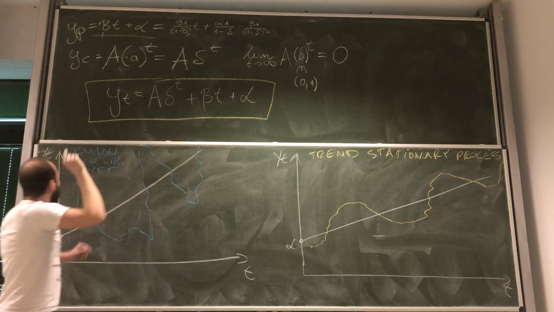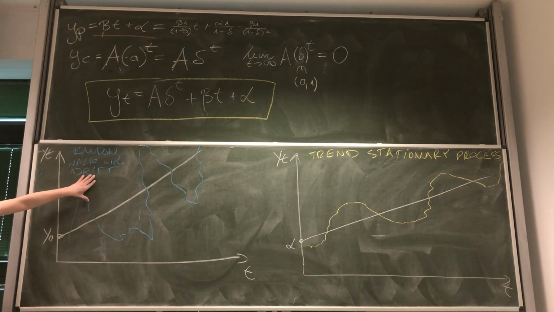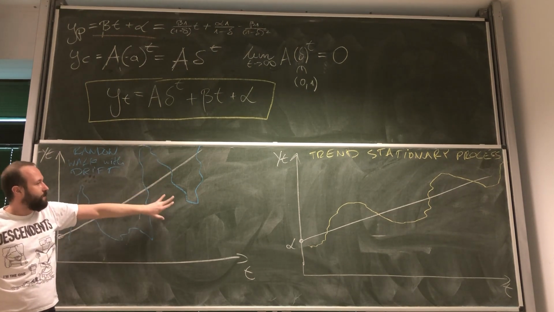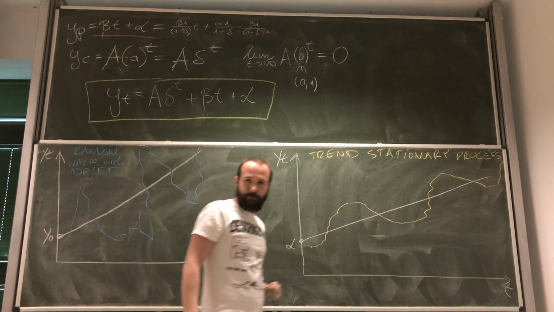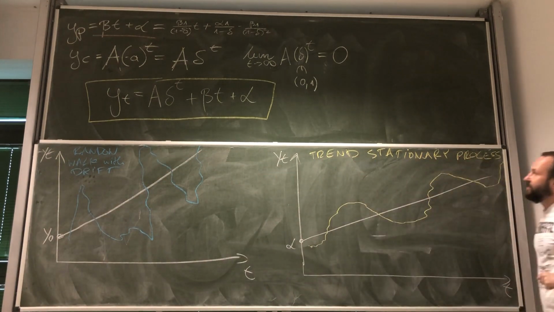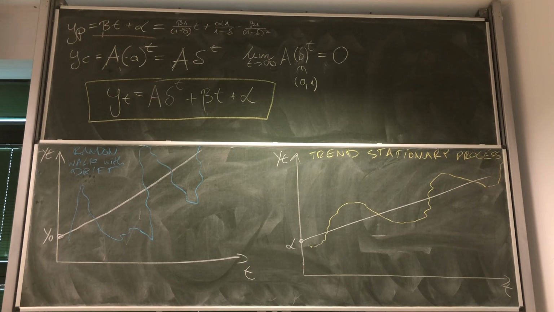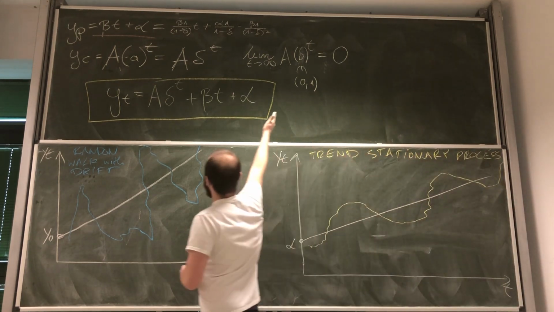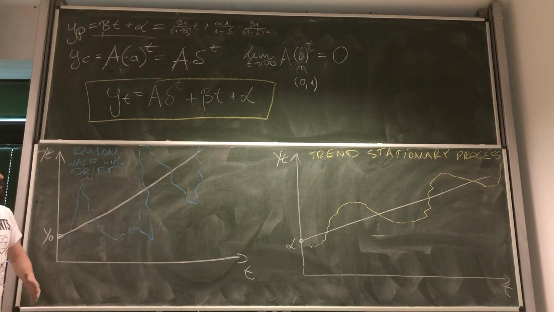Remember that in the case of random walk with drift, we've got perfect memory. So here we have simply the sum of all the past shocks. In the case of trend stationary process, this is no longer the case. We've got a complementary function that is convergent.